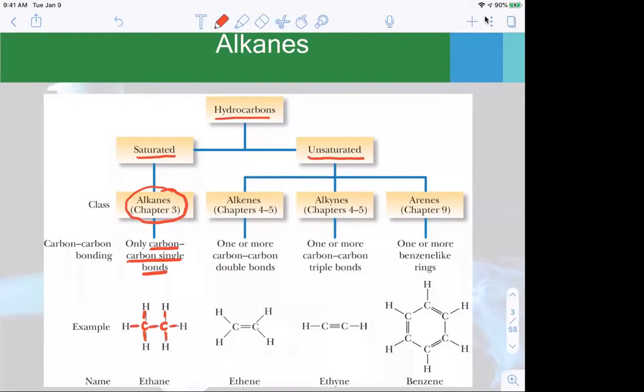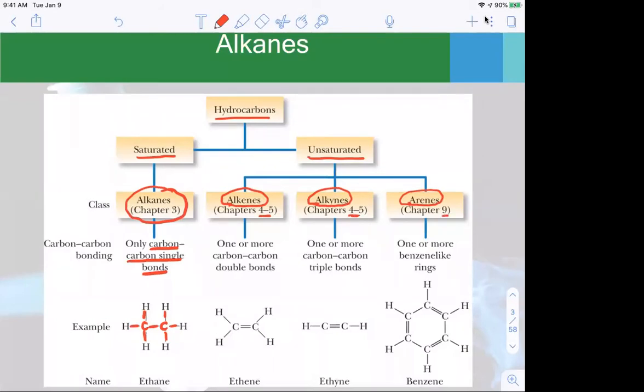Now, alkenes are considered to be unsaturated. Alkynes are considered to be unsaturated, and arenes are considered to be unsaturated. Notice we will get to those in later chapters in this book.